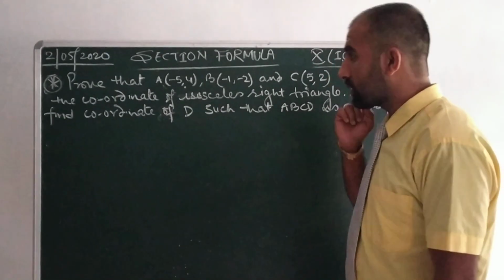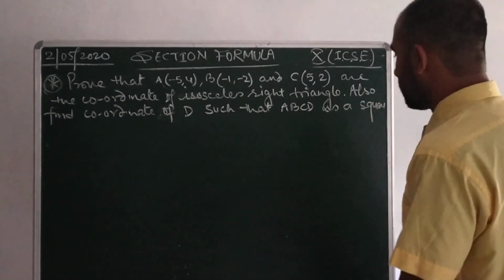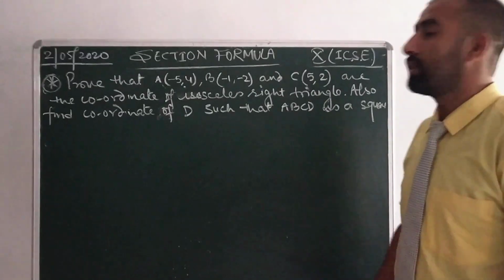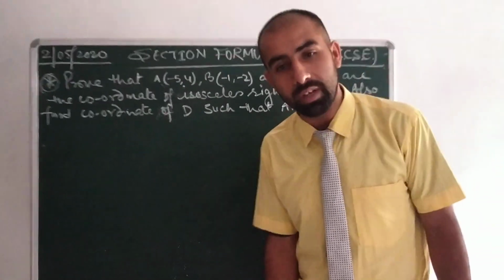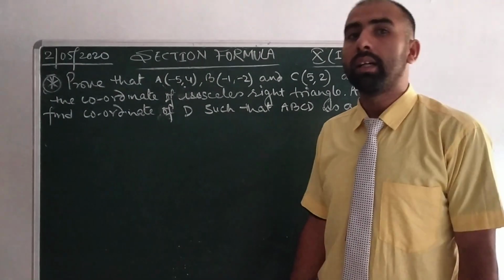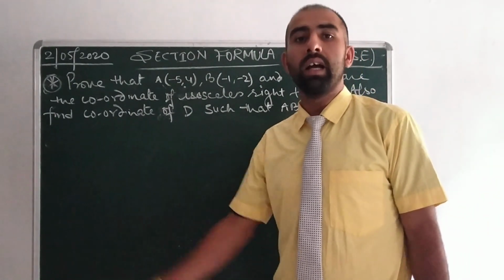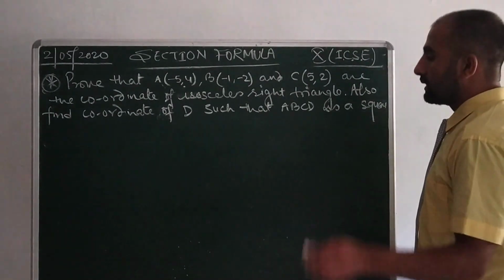Okay kids, now we are going to do another type of question. In this question, actually we have to use the distance formula, which we have already done in class 9. But I am just going to brush it up.